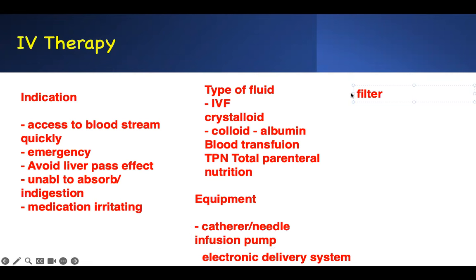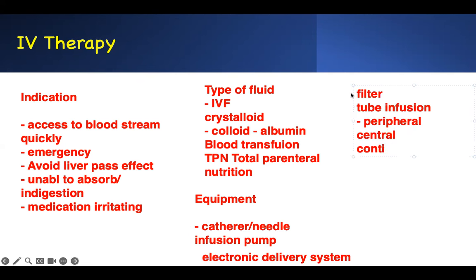Then you have to know the type of infusion you're going to provide. People get confused, and that is whether it's a peripheral infusion, meaning a vein in the peripheral system, or a central infusion, meaning in the central vascular system.